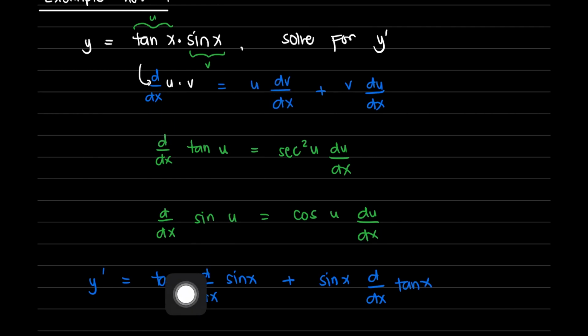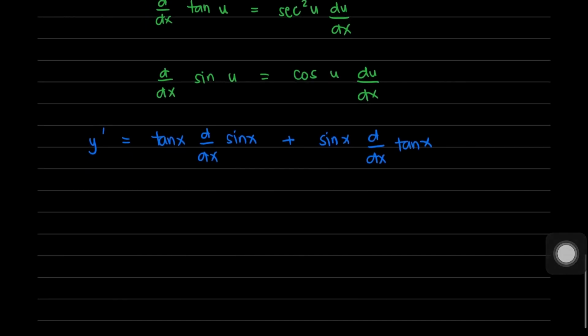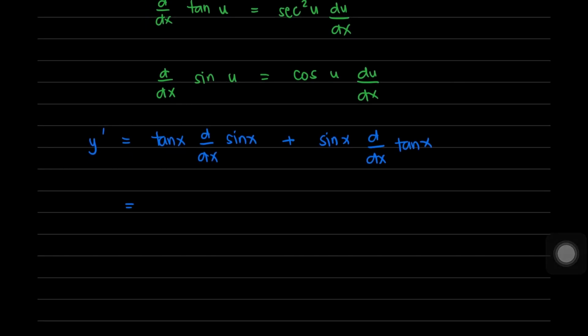So u dv over dx plus v du over dx. Alright? So solving for the derivative of sine of x, which is equal to cosine of x multiplied with the derivative of x with respect to x, that is basically equal to 1. So this is now tangent of x multiplied by cosine of x plus sine of x.